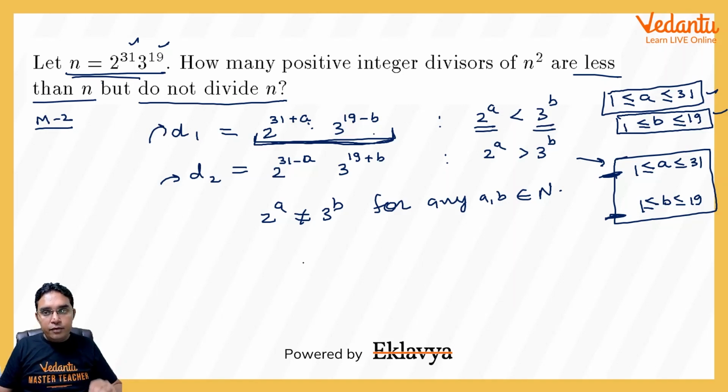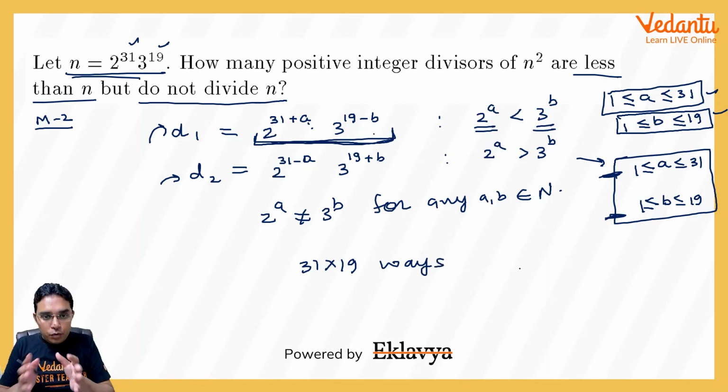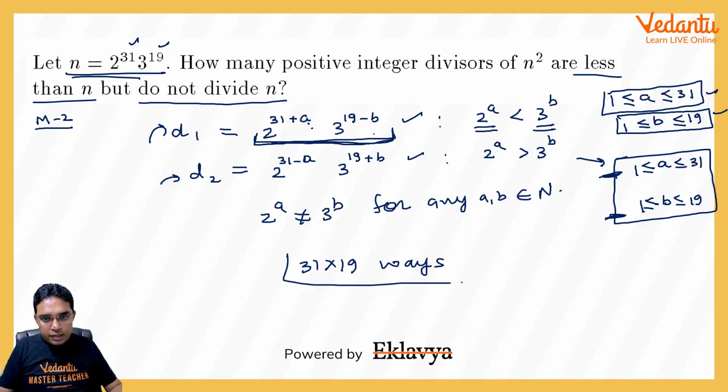So we have 31 into 19 ways to choose A and B, and based upon 2 power A is bigger or 3 power B is bigger, we will be able to get exactly one of the divisor which will have this property that it is less than n but do not divide n. So this way also I think it is direct that 31 into 19 is the answer. I think in the previous way also we got the same answer.